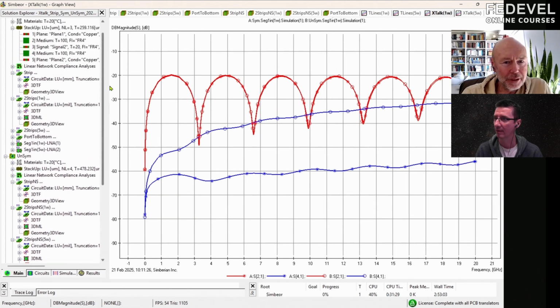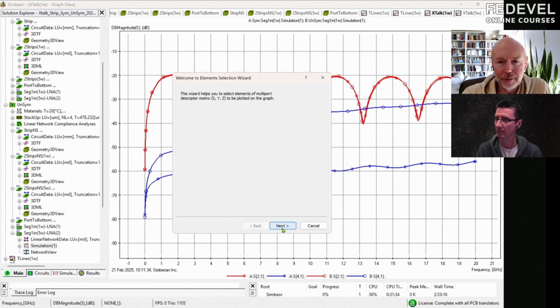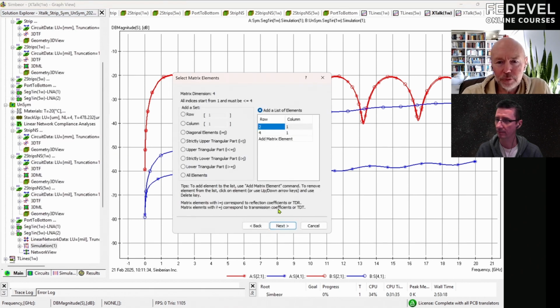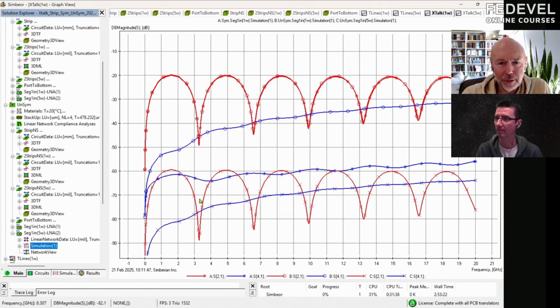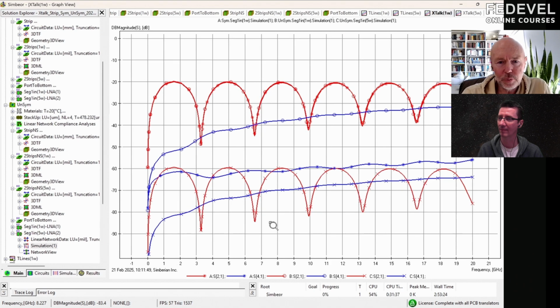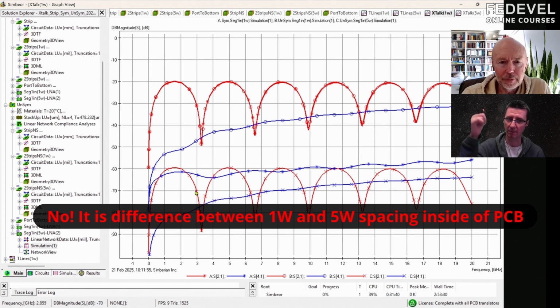And right here, we can simply drag and drop this 5W case here. And this is where we are with the new case. So this is the difference between routing tracks on top and bottom and routing tracks inside of PCB.